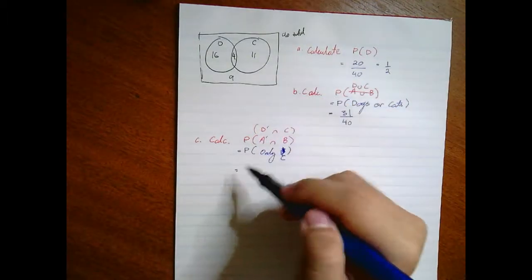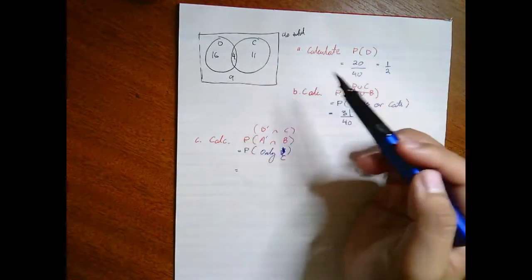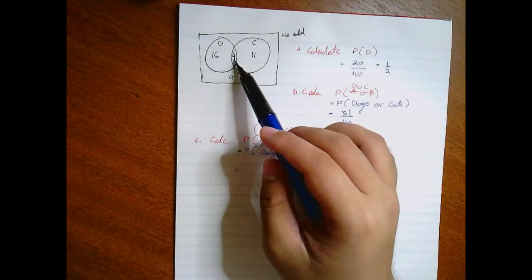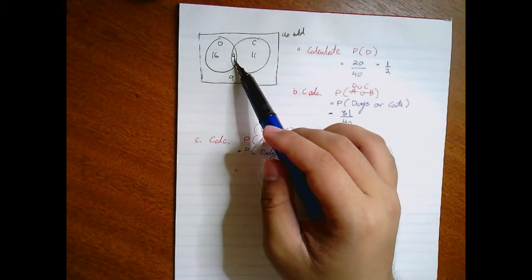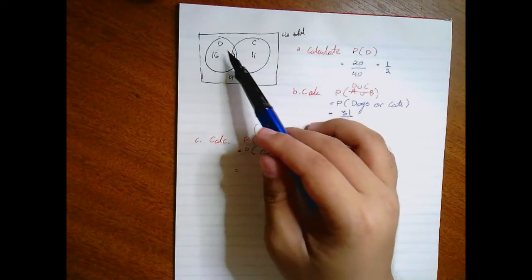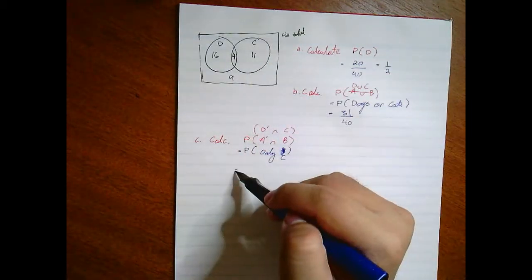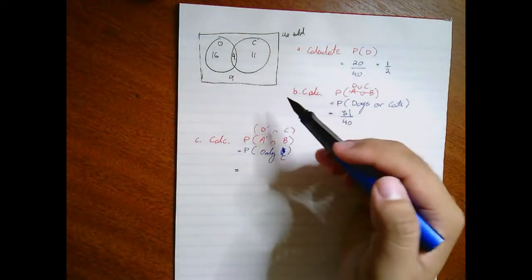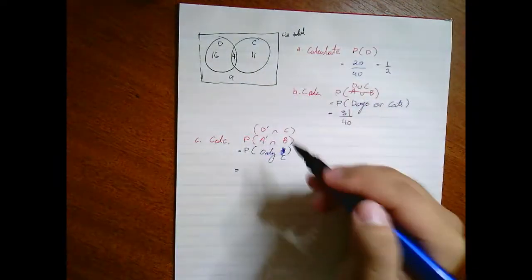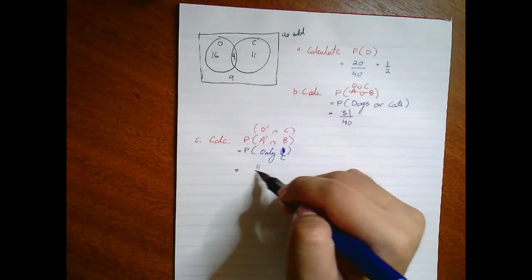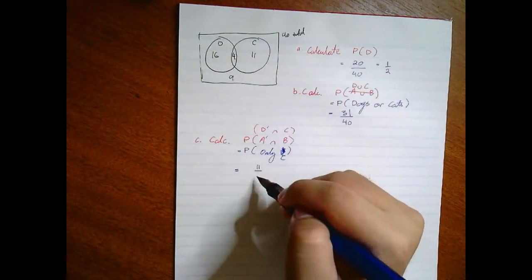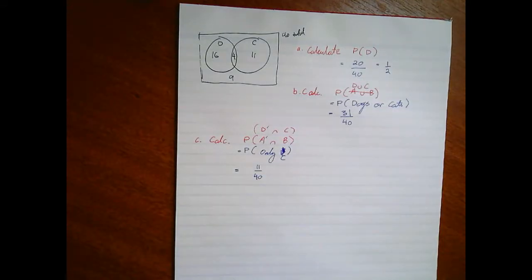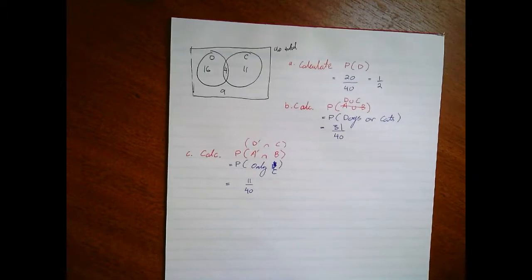How many of these are only cat owners? You can't include that 4, because that 4 are also dog owners as well as cat owners. So we really only want this 11 here. There's 11 out of 40. I hope that clarifies a few things about Venn diagrams.